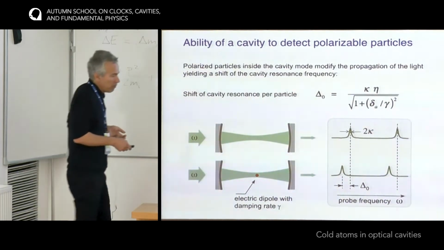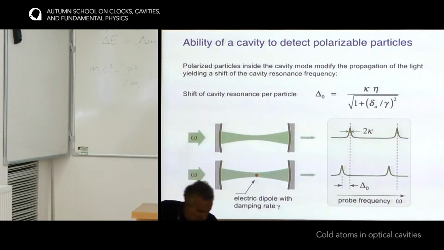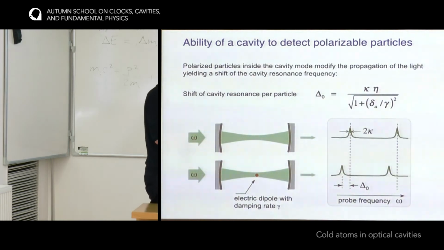Yeah, we will see what that means in a moment. If delta naught exceeds kappa, we talk about the regime of strong coupling. Which means that a single particle, like an atom, can shift the cavity by an amount such that we can immediately detect this.